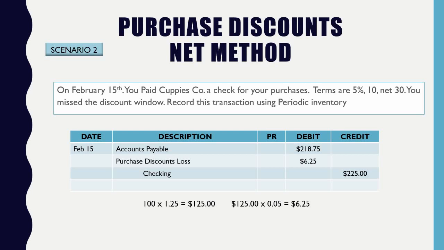So in this case, I end up losing the opportunity to take $6.25 off. So right there, I lost the purchasing of 3 coffee mugs. So there you go. That's what you have to do. You're going to have to recognize that I have a purchase discount loss, and I end up having to pay for the full amount of the $225.